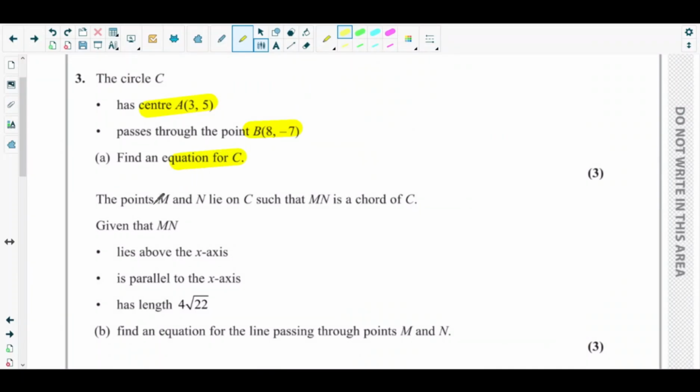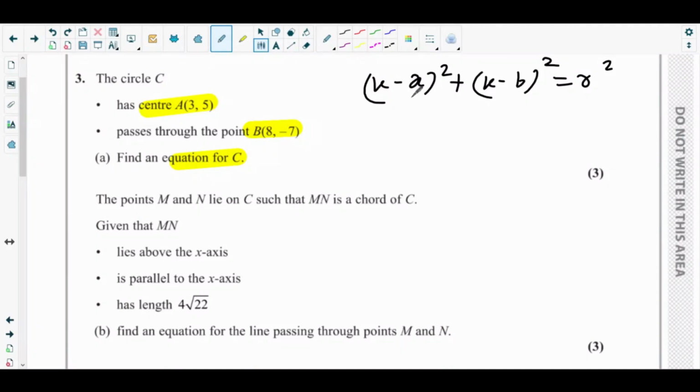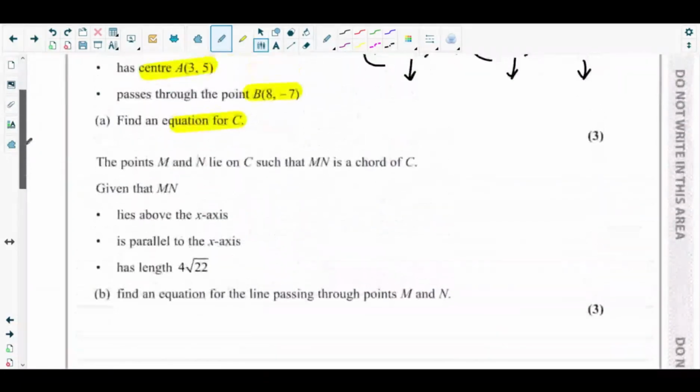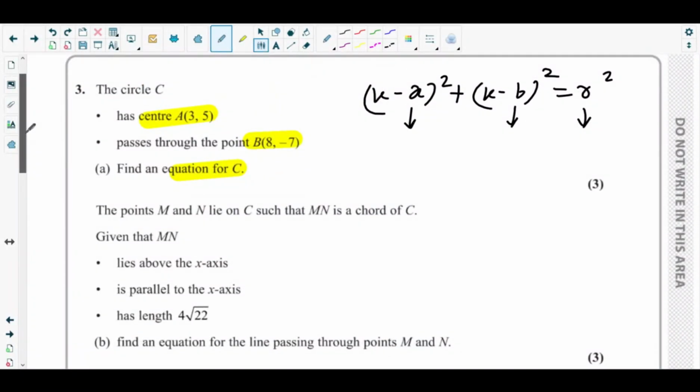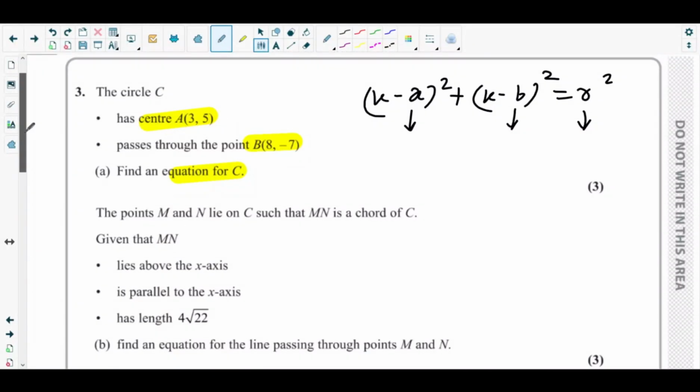Find an equation for C. We know that a circle equation is always in the form (x minus a) whole squared plus (y minus b) whole squared equals r squared, where a is the x coordinate of the center, b is the y coordinate of the center, and r is the radius. The x and y coordinates of the center are given, so we can easily get the values of a and b. Next remaining is the radius.